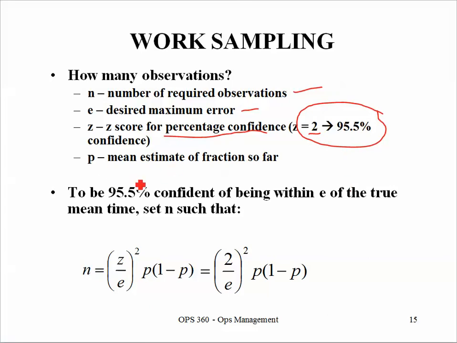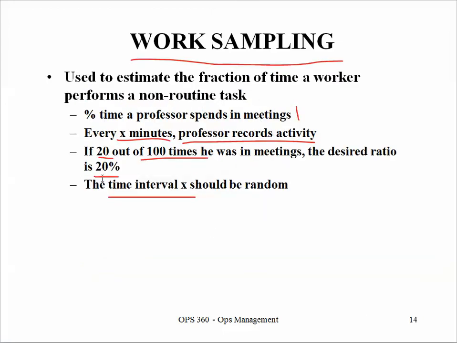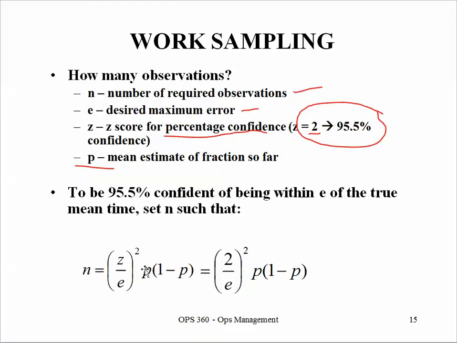And we do the same sort of thing. We basically collect some data. We have an estimate p of the fraction of time based on that initial sample of data that we collected. So in the example I just gave, it would be 20% as the fraction of time p that the professor was spending in meetings. If we want to be 95.5% confident of being within e of the true mean time, we set n using the following formula.